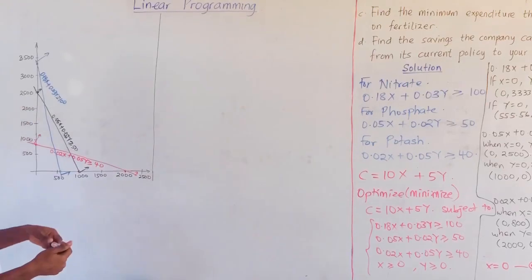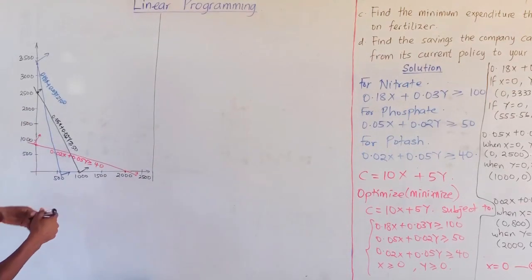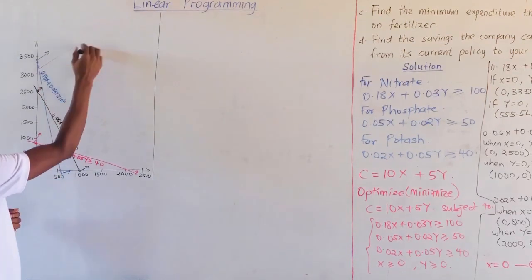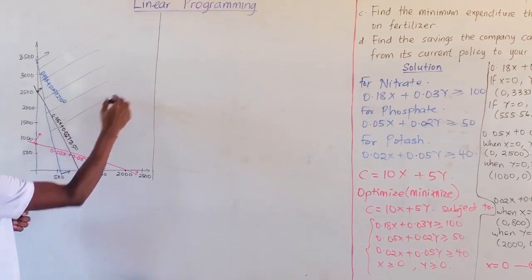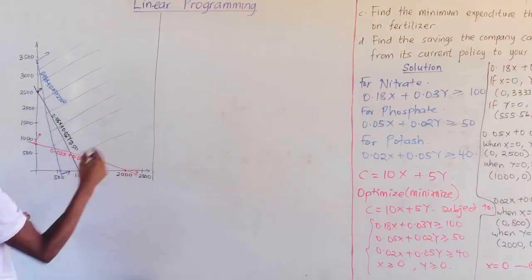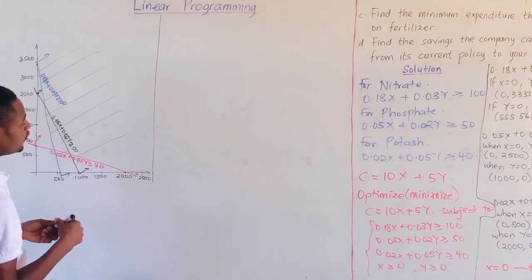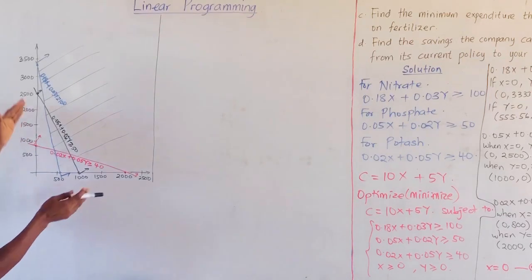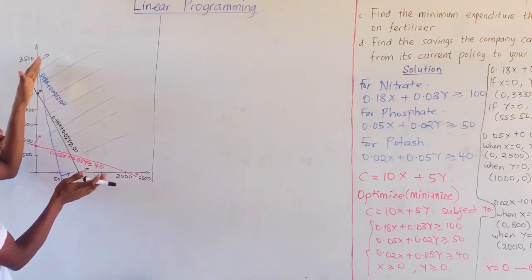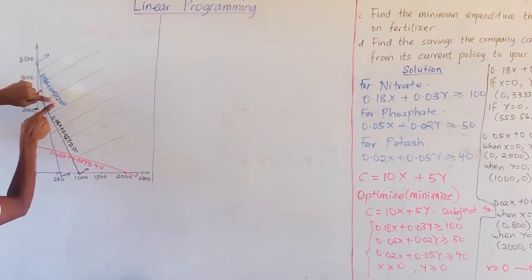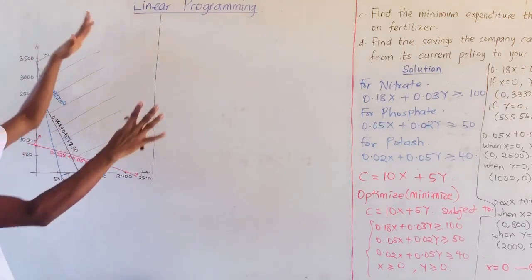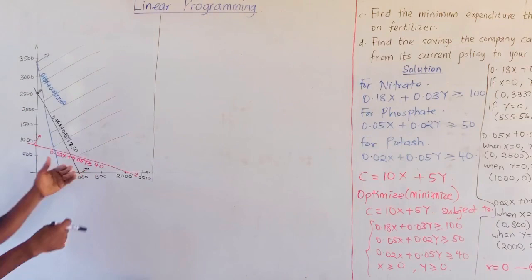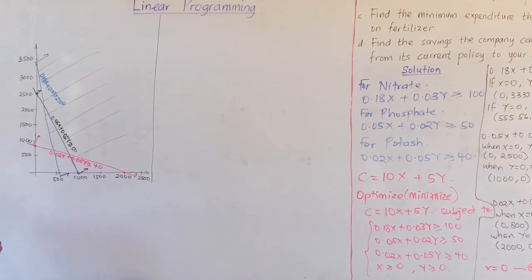And black is the line for equation 2. Now when we shade these lines, you will see that they all move upwards. And it is so because the inequalities are all greater than or equal to. So greater than moves upwards. In the previous examples they were less than, so they moved inwards.